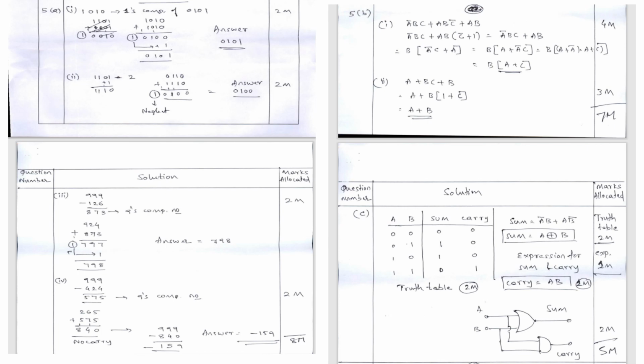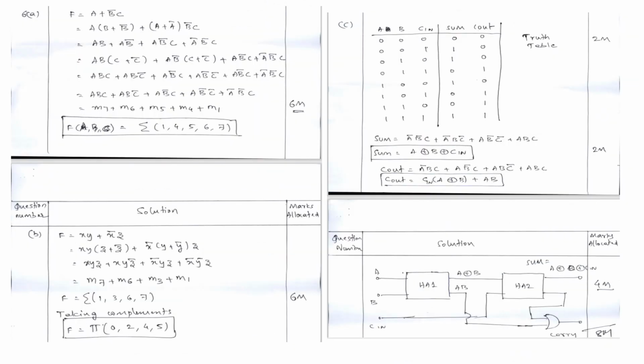So 0, 0 means sum is 0, carry is 0. 0, 1 means sum is 1, carry is 0. 1, 0, again sum will be 1, carry 0. 1, 1 means sum will be 0 and carry will be 1. The circuit carries 2 marks, the truth table carries 2 marks, and the expression carries 1 mark. So it is of 5 marks.